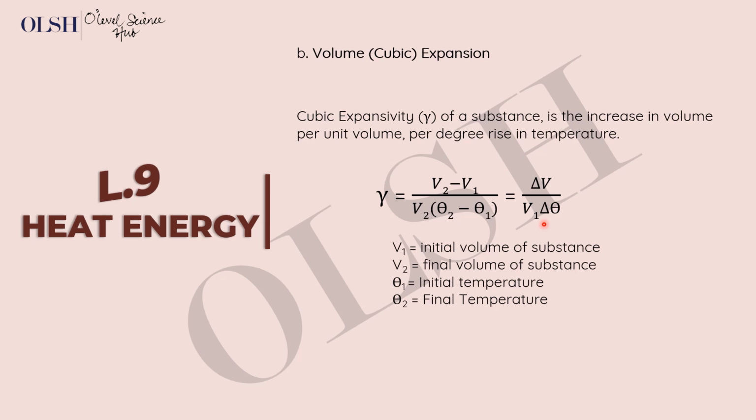We have V1 to be initial volume of the substance, V2 to be final volume of the substance, theta 1 initial temperature, theta 2 final temperature. Initial length, initial volume, and initial temperature are those properties before heating, while the final temperature and final volume are those properties after heat has been applied to that object.